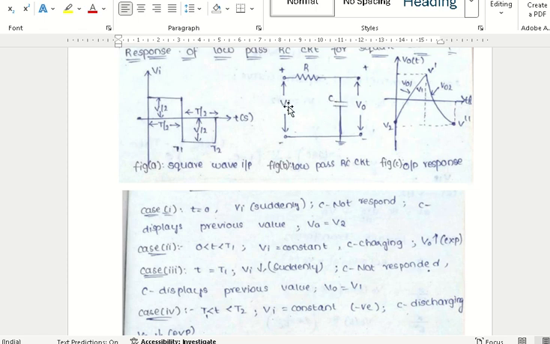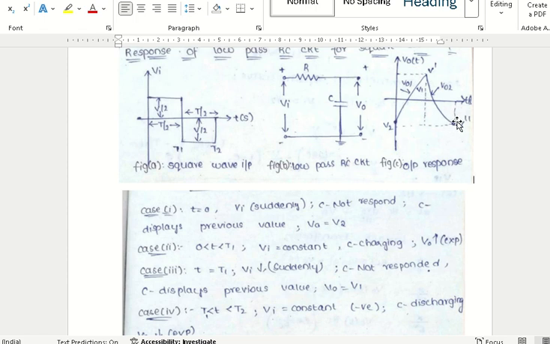Because whenever the input signal is constant, the capacitor charges exponentially. In the same way, whenever the input signal is constant at negative voltage, the capacitor discharges in the same exponential motion. Therefore, the output response decays exponentially between T1 to T2.